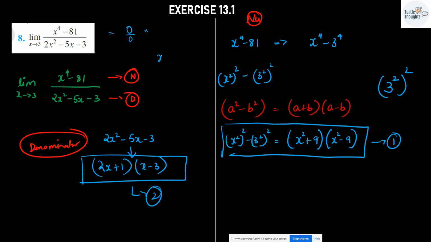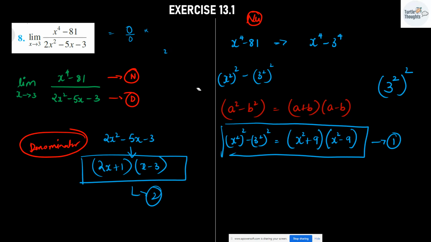For example, x square minus 1, same thing as x square minus 1 square, same thing as x square minus 1 square multiplied by 2 divided by 2, right? The value is not going to change, just the form you have to change.